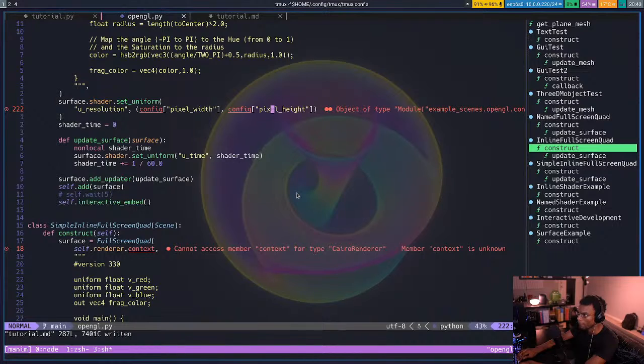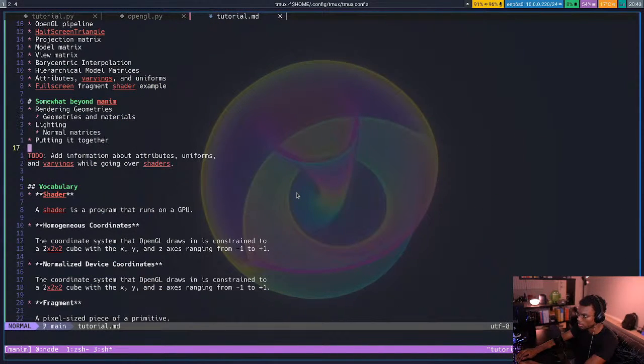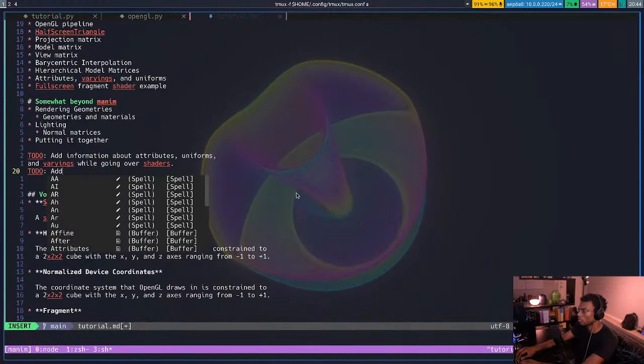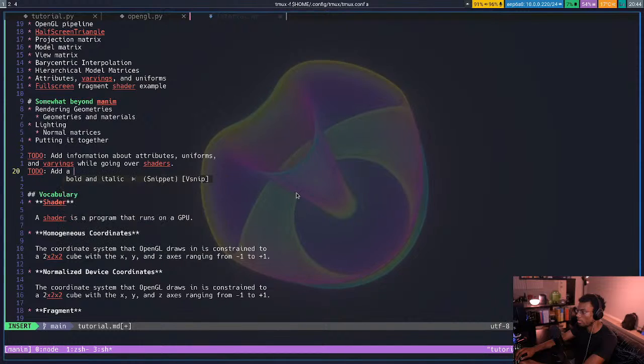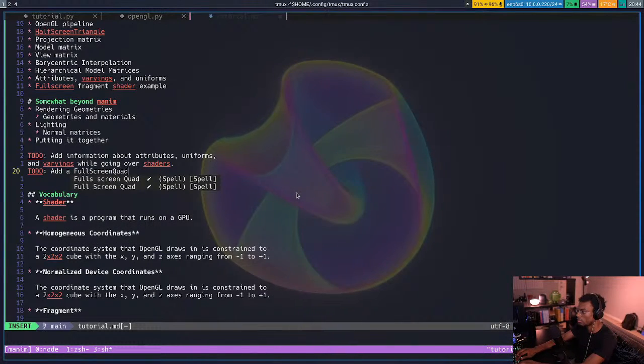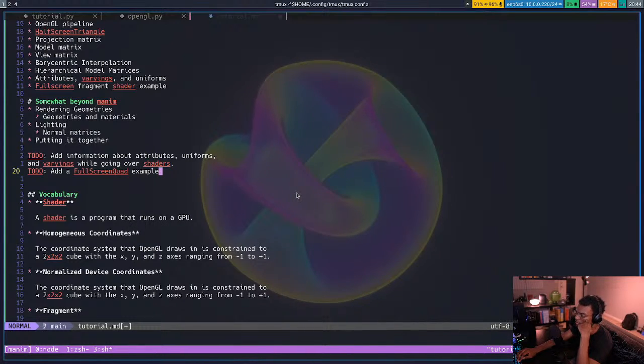Anyway, on the to-dos for this, add variants about that. I'm also going to want to add a full screen quad example. So it's definitely a useful way of using shaders in Manim.